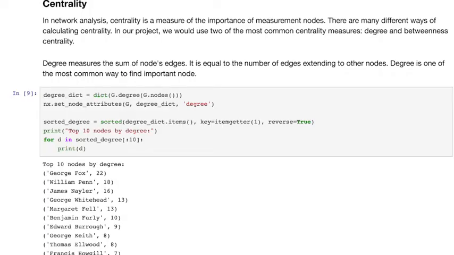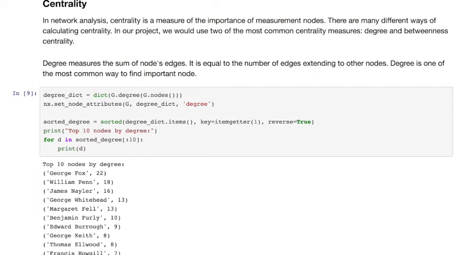Centrality is to measure the node's importance. There are many ways to calculate the centrality, such as page ranking and degree and betweenness. So here in our project, we just focus on degree and betweenness. Degree centrality measures the number of relationships a node has.